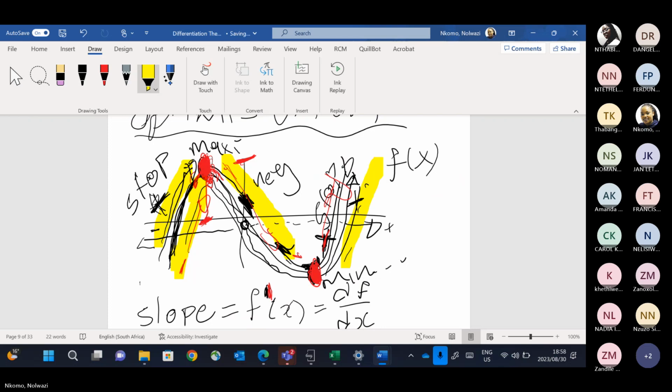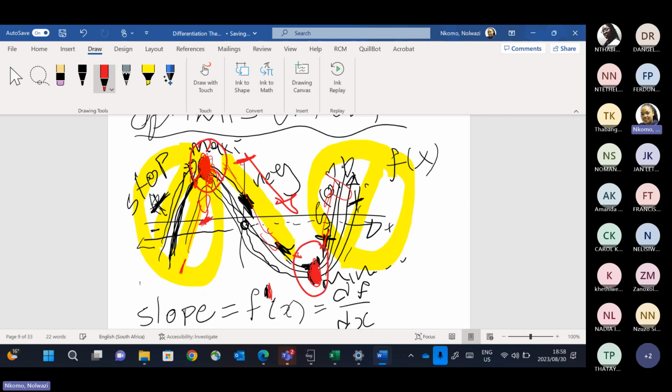Suppose you are given a function and you are asked to determine the interval whereby the function is increasing, which is this part and this part, and also the interval whereby your function is decreasing, which is this interval. Once you know this part and this part, it would be easy to determine that interval.